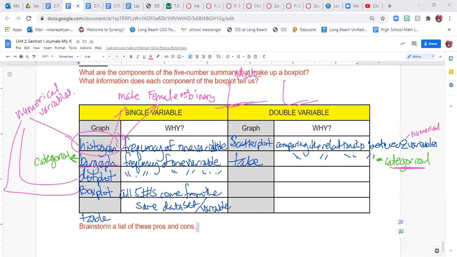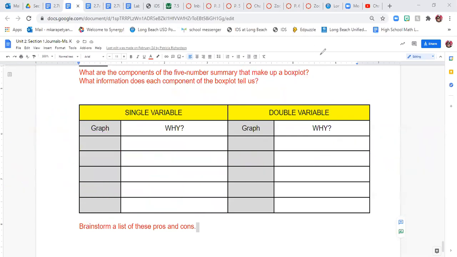One is only using the male data and the other is only using the female data. So you can split your numerical data based on a categorical, but what you're still graphing is the numerical. Okay, so it's really important that you understand those distinctions.